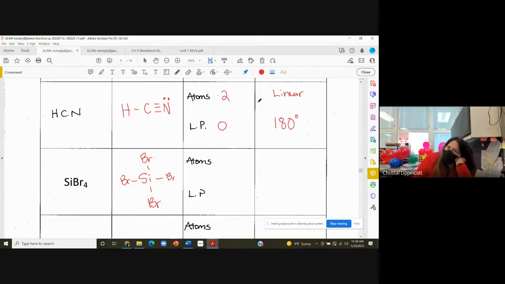What do we call him? Tetrahedral, good. Remember, tetra means 4. We talked about that when we were doing covalent naming. So tetra, or if you've ever played Tetris, tetra means 4. And then its bond angle is going to be 109.5 degrees. So 4 and 0.